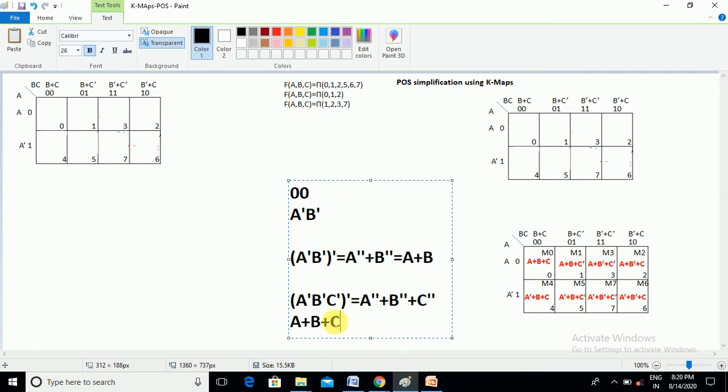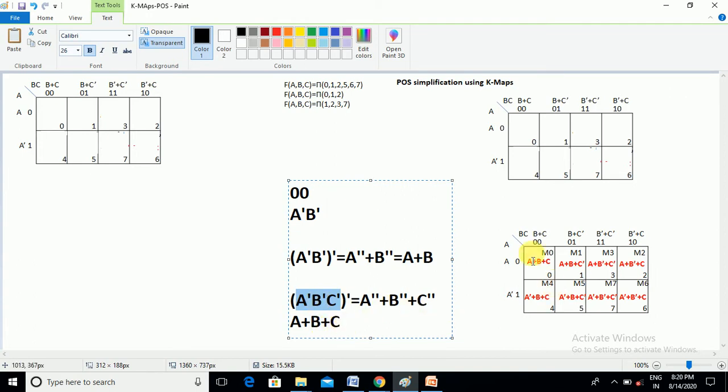Is it okay? Now this is the min term, small m0, but after you apply the inversion, the term is converted to a plus b plus c. After you apply the inversion, we need to apply De Morgan's law. De Morgan's law converts the AND gate to the OR gate, and the OR gate to the AND gate, and accordingly you will get the value as a plus b plus c.